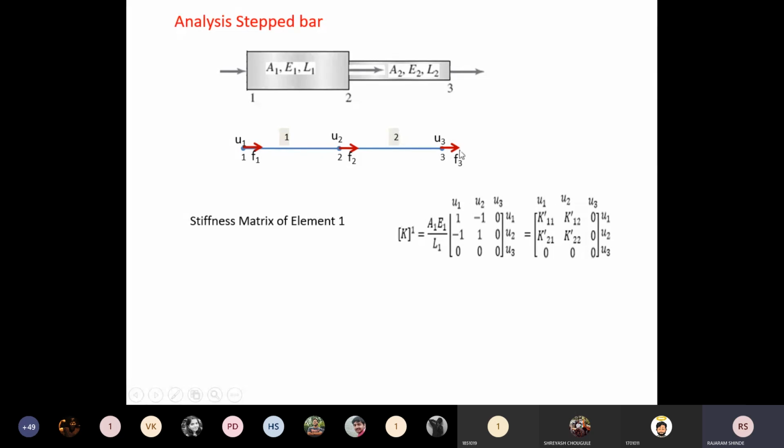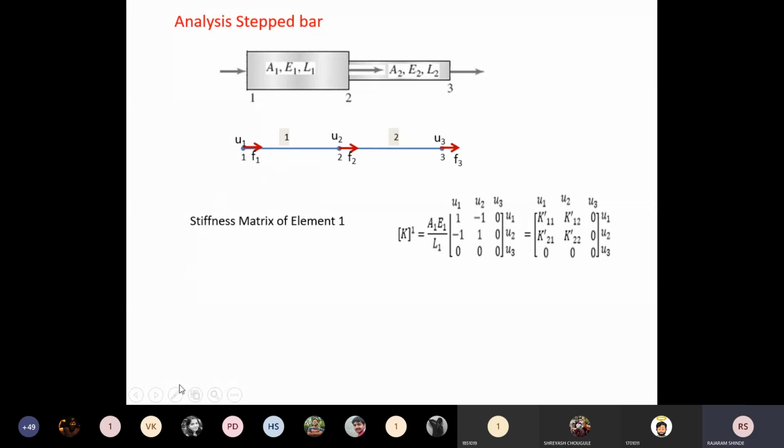So any force on the node number 3 will not create the displacement of any node of the element number 1 when we consider the separate elements. If I apply the force at node number 3, it will not displace the node number 1 and node number 2 of the element number 1.